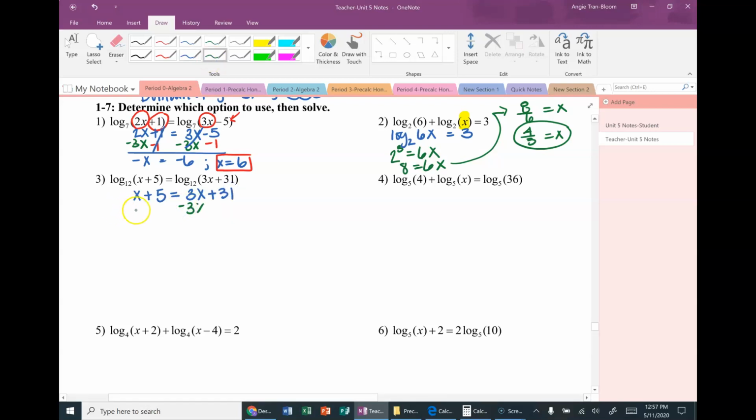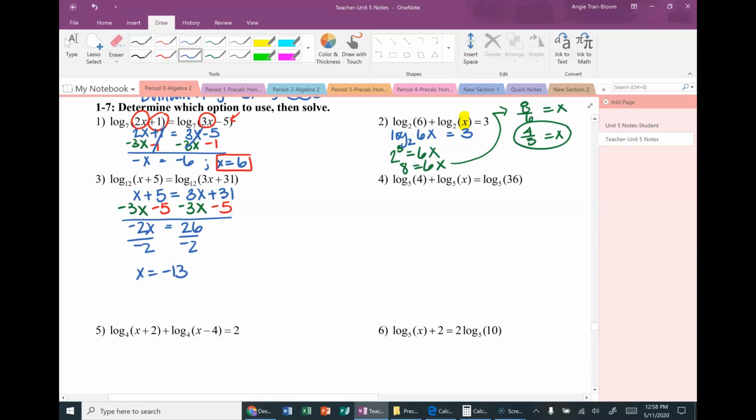Subtract 3x, minus 5, minus 5. That will give us negative 2x equals a positive 26. Next step, divide both sides by negative 2. X will come out to be negative 13.